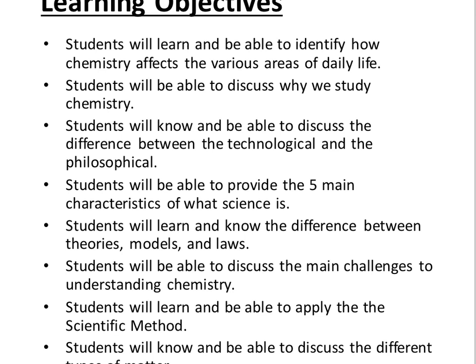That doesn't mean that you should be able to go out and get the same result; that means that someone else should be able to go out and get the same result. We should also understand the difference between theories, models, and laws. The main challenges, which is basically just that it's not comfortable to us. It's also sometimes hard for us to take the macroscopic picture, the things we encounter in daily life, and look at it more on a microscopic level.